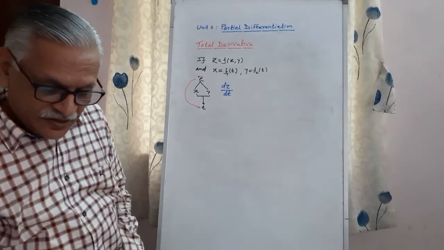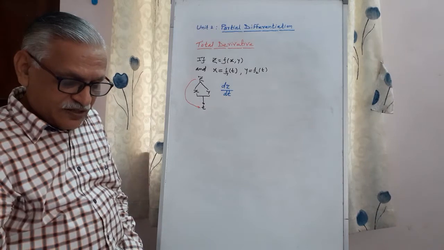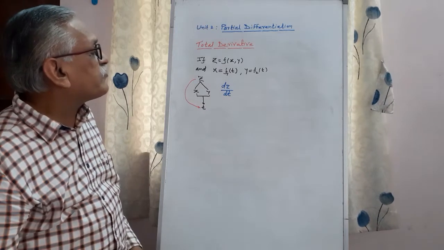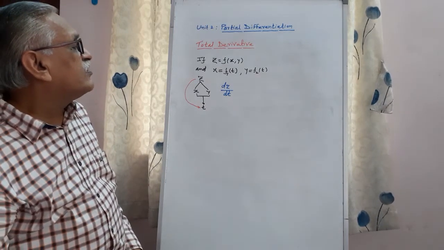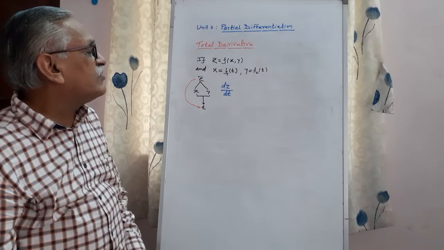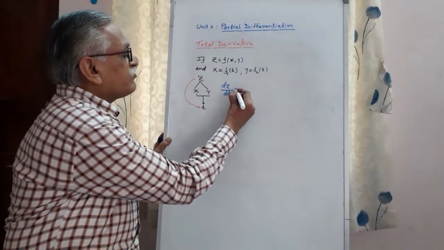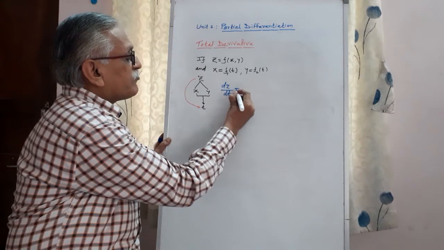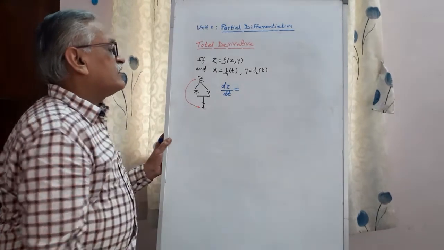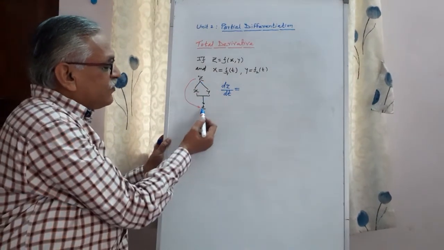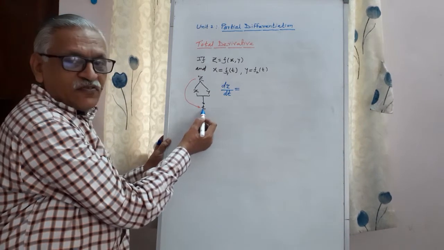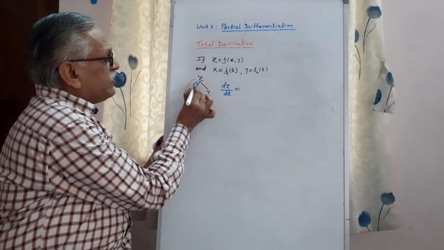It is dz by dt, and that is equal to... z is not directly a function of t, therefore we are not getting this value directly. How do we obtain this?